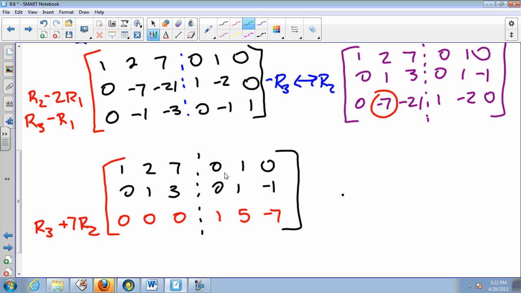So if we look at our matrix now, we have an entire row of zeros. But then I have this 3 right here. I can't get rid of that 3 or this 7. It's not possible.